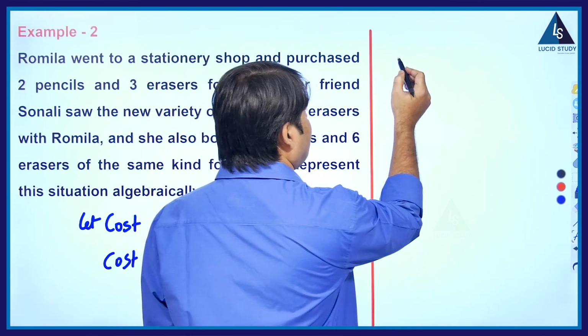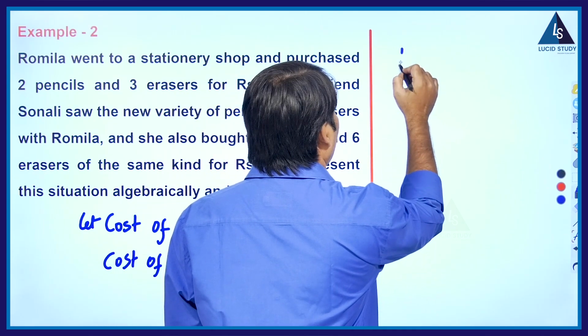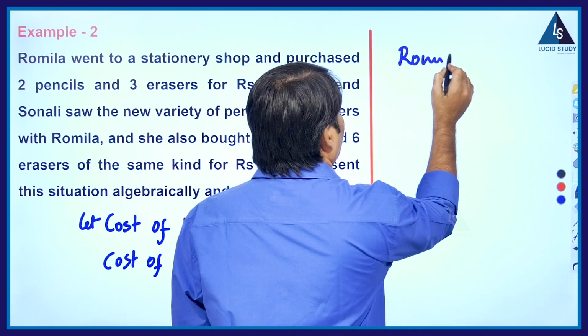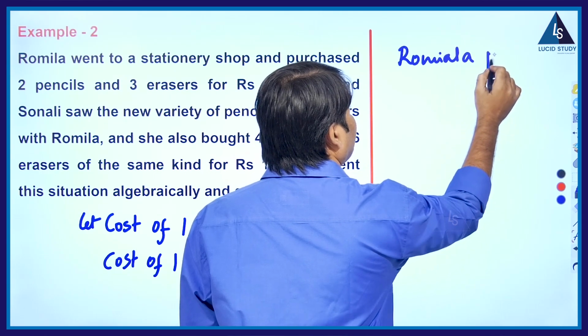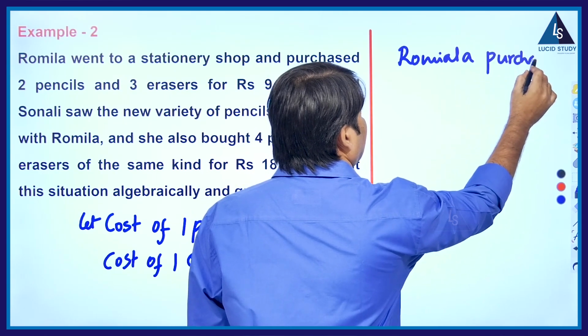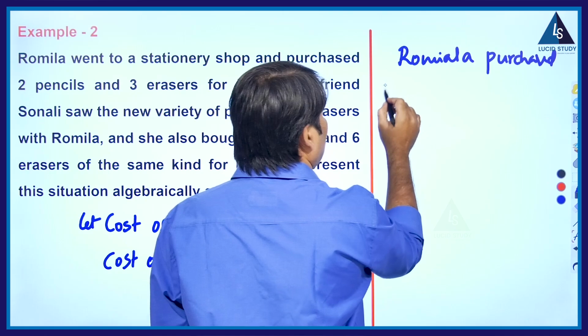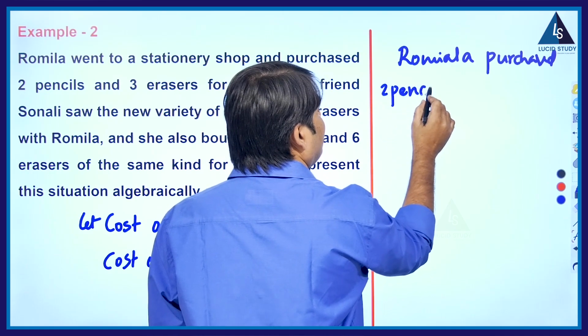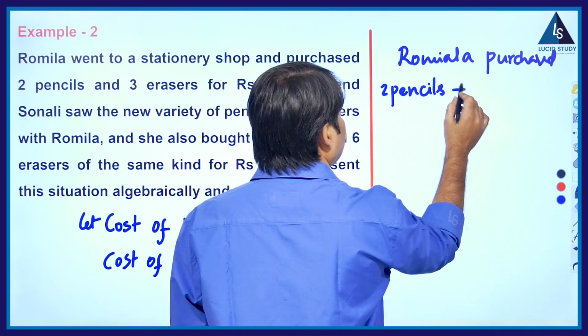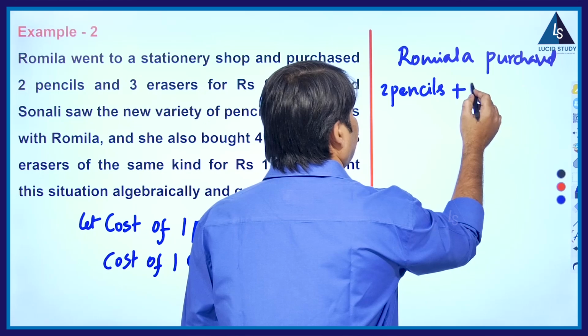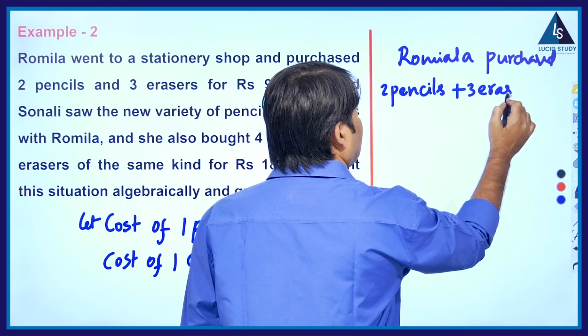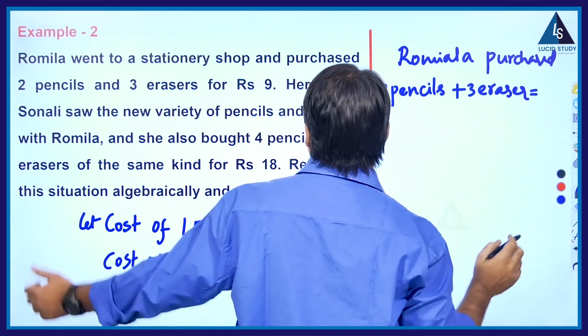So I will write first about Romila. What did she purchase, children? She purchased 2 pencils and how many erasers? 3 erasers. What is the total cost she paid?